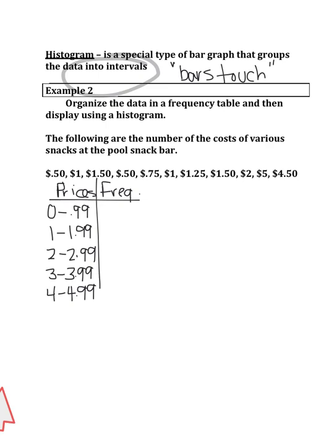So from 0 to 99 cents, we have 1, 2, 3, and that's it. From $1 to $1.99, we have 1, 2, 3, 4, 5. And you know what? I'm just seeing that we actually have to add an additional interval because I missed the $5 value. So that'll be 5 to $5.99 down here.